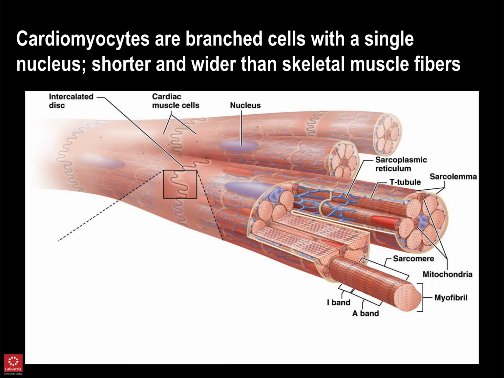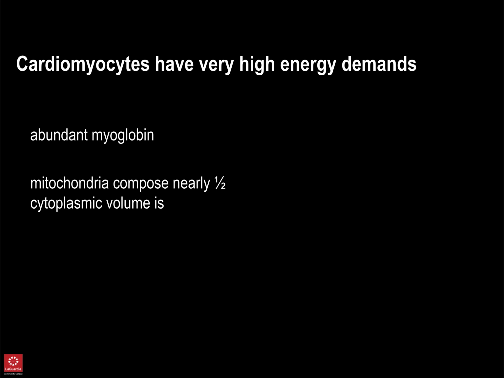They're shorter and wider than skeletal muscle fibers, but as you can see here, many of the structures are ones we're already familiar with: sarcoplasmic reticulum, T-tubules, sarcomeres, myofibrils, I-bands, A-bands. These are all things we've already learned about from our study of skeletal muscle. Cardiomyocytes have high energy demands, so they have abundant myoglobin. In fact, mitochondria compose nearly 1/2 of the cytoplasmic volume.